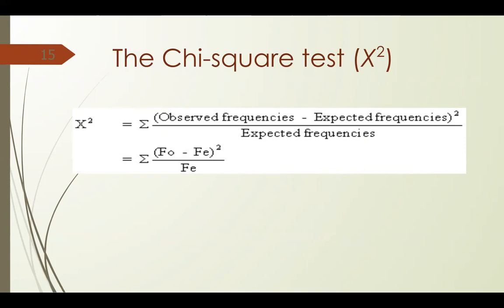Then if you have too many categories, that means that your degree of freedom goes up, and your calculation becomes much more difficult because you're comparing, for example, 10 categories compared to what we have here for 4 categories. Then you have to have a much larger chi-square value to achieve a statistically significant result because you're comparing more categories.